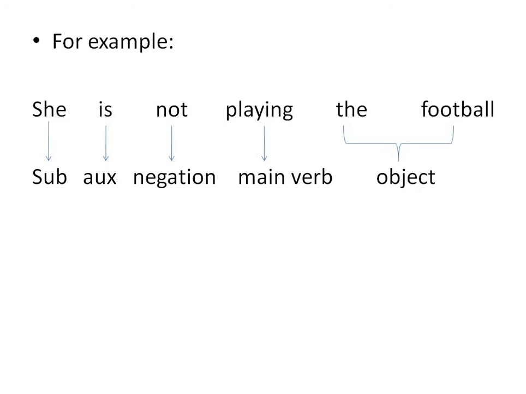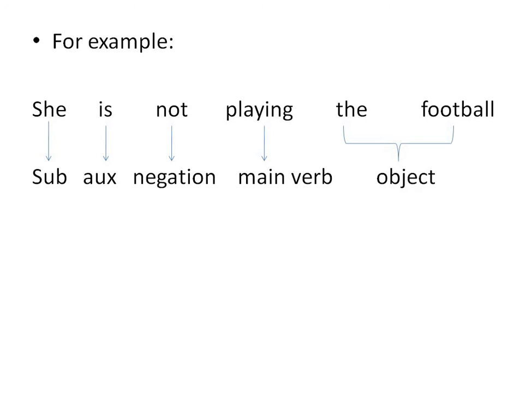Let's take an example. She is not playing the football. So how have we made the sentence? Just forget not: she is playing the football. This is the positive sentence.